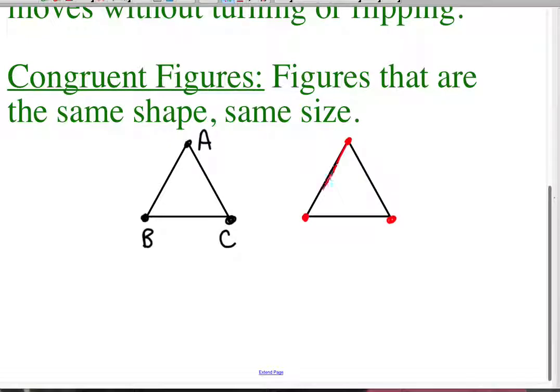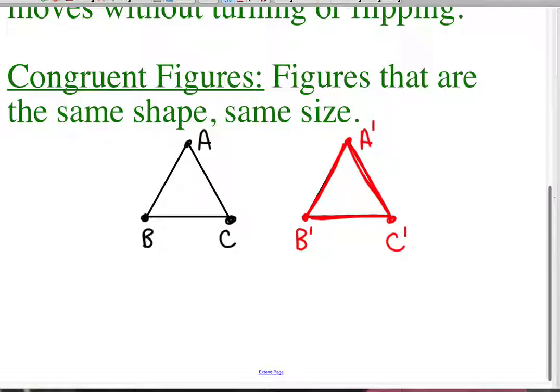And I usually am going to show mine in a different color. I'm usually going to make my new ones red, and they are not called A, B, and C anymore. They are called A to the first power, also called A prime, B to the first power, B prime, C to the first power, C prime.